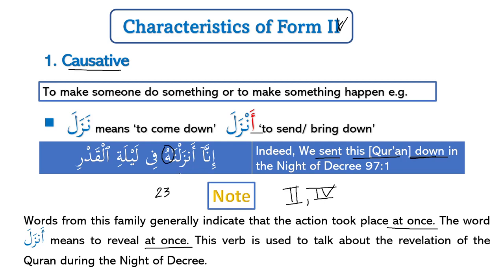The difference between tanzil and inzal is that tanzil means the Quran was sent down to Prophet Muhammad sallallahu alaihi wasallam gradually over 23 years, whereas inzal happened when it was sent from the seventh heaven to the first heaven, or the heaven of the dunya, and then from the heaven of the dunya it was revealed to Prophet Muhammad sallallahu alaihi wasallam gradually over 23 years. So inzal happened at once and tanzil happened gradually. Did you get the idea?